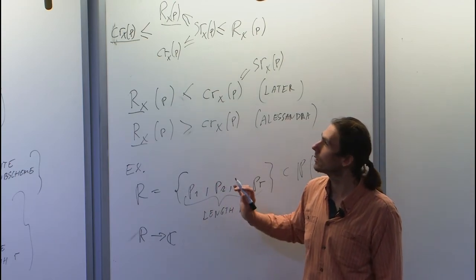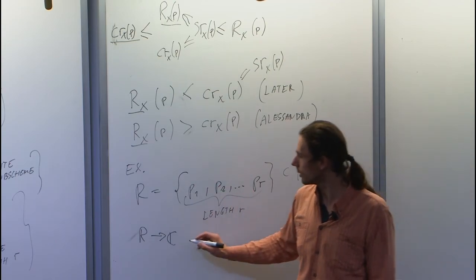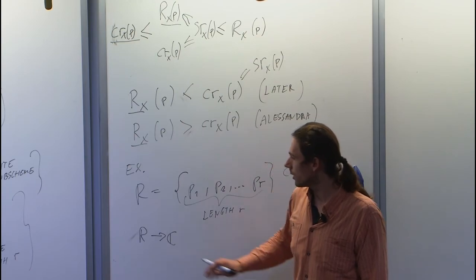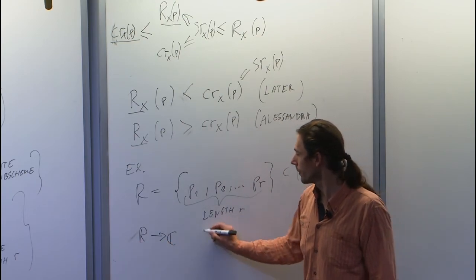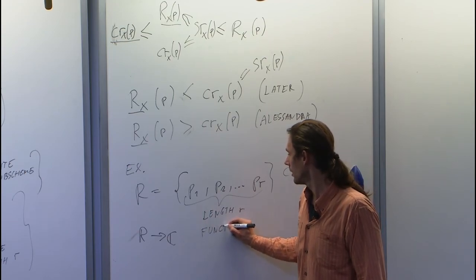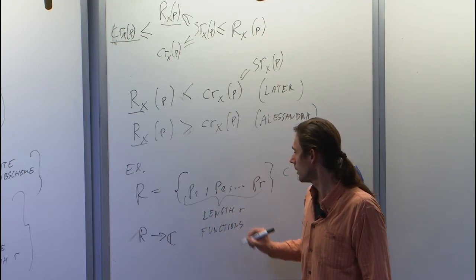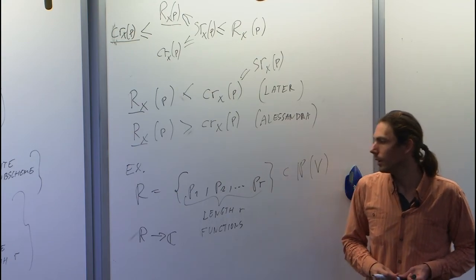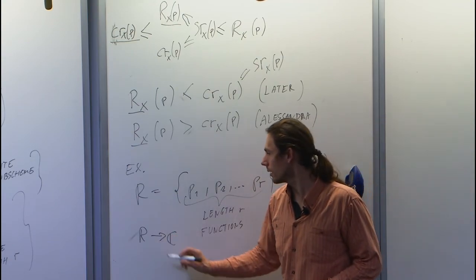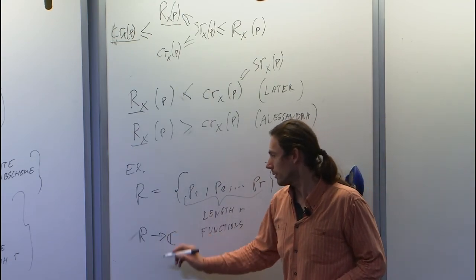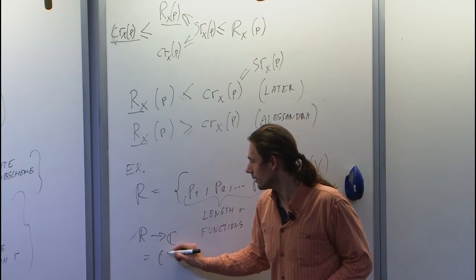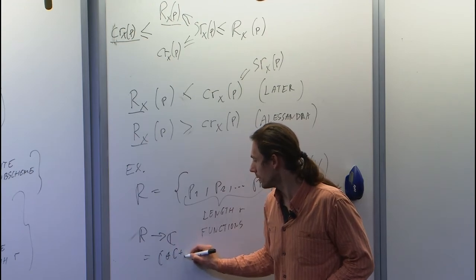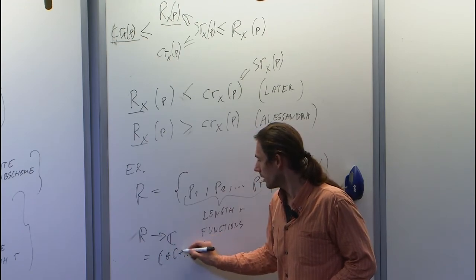It's not entirely necessary, but it helps a little bit. I can look at functions from R to C. Well, that's just an algebra, but it's a very simple algebra. It's just C plus C, R times.